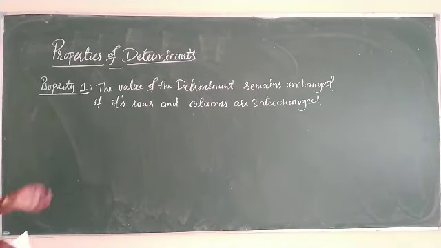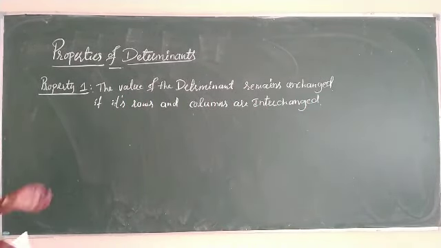I think you understood by this example. For the first matrix, I first calculated the determinant value directly. And here I calculated the determinant of A transpose. What did you observe in this? What is the determinant value here? There also you got the same value.